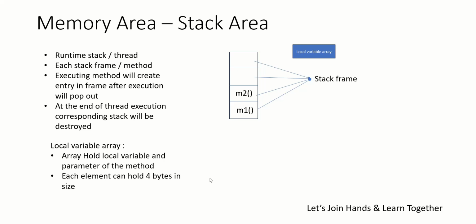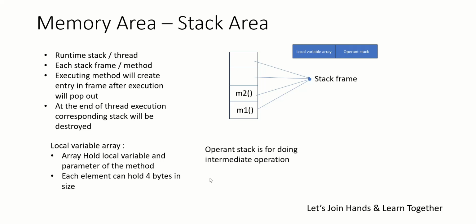This variable information goes into the local variable array, which is a continuous memory, and each entry in it takes 4 bytes of memory. It is stored in an array format. All the local variables inside a method and the parameters passed into the method will be stored in the local variable array.